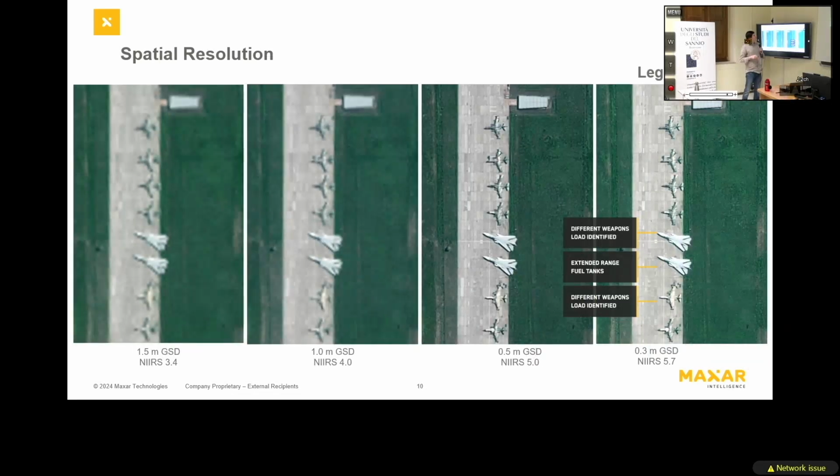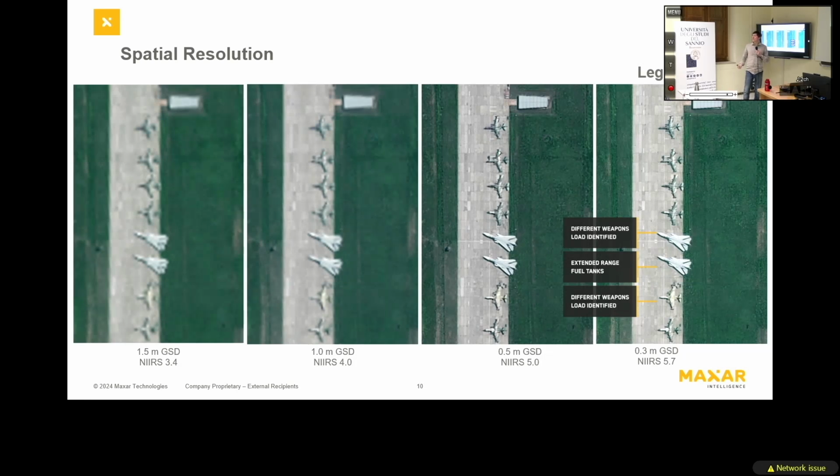Spatial resolution. Are you guys familiar with NIIRS? NIIRS is generally in the image metadata that providers have, and it's a rating, generally like 3, 4. For example, with objects like airplanes, at a NIIRS close to 6, you can distinguish different weapons.